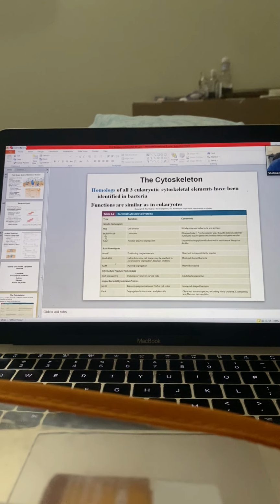While there are other tubulin homologues that may be found, and we've looked at them in some bacteria, such as TubA and TubB, their function is unknown in the bacteria, and these have been observed only in the Prosthecobacter species. They are thought to be encoded by a eukaryotic tubulin gene obtained by horizontal gene transfer.